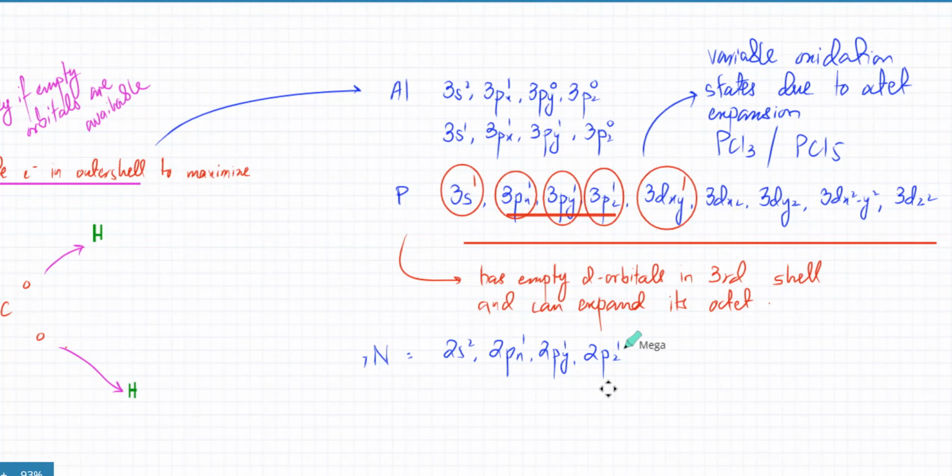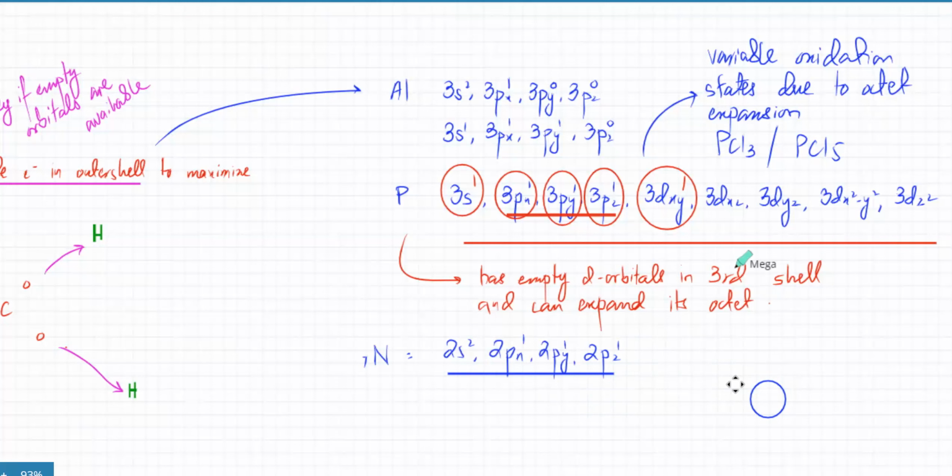Now, nitrogen will not be able to expand its octet because in the second shell, there's nothing after this. If you know electronic configuration, it's 1s2, 2s2, 2p3. The second shell only has these, so there's no other orbital. The first shell is really small; it only has an s orbital with 2 electrons.